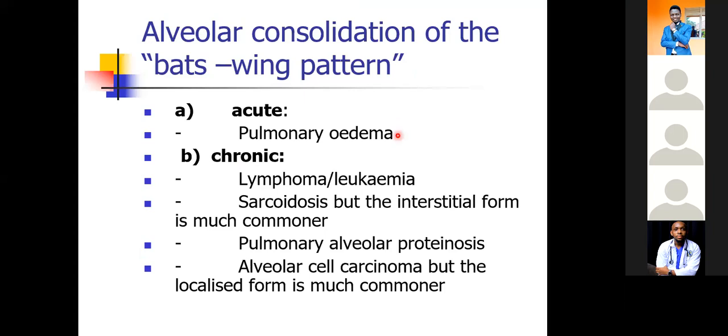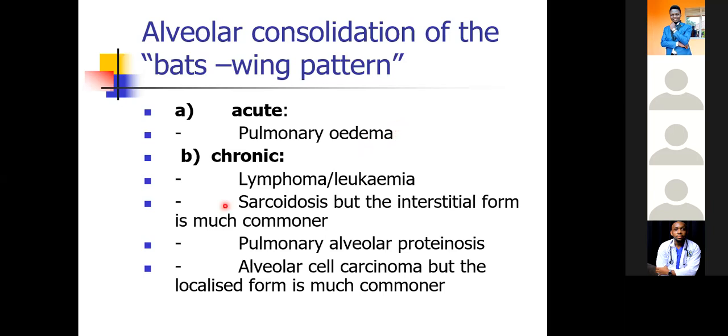That is, of course, if you're presented with a patient who is immunosuppressed and has AIDS. So what I'm saying is that if you're presented with a patient with severe immunosuppression with bat's wing, you should also have PJP as a differential there.